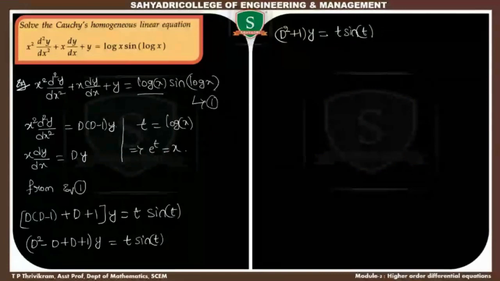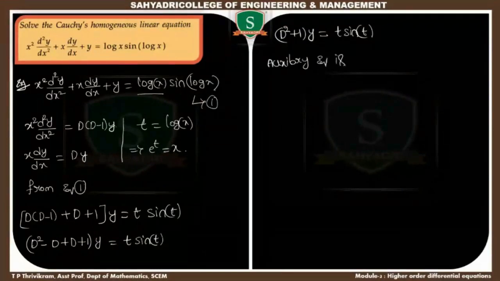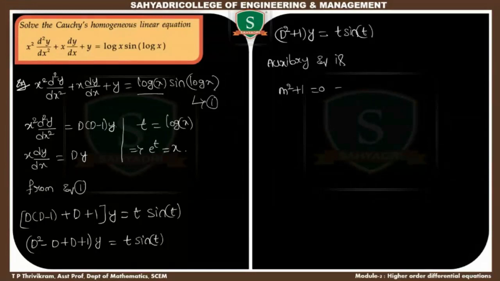So therefore yc or auxiliary equation we will find. To find yc, auxiliary equation is m square plus 1 equal to 0, which implies m square equal to minus 1, which implies m is equal to plus or minus i. So what will be yc now?